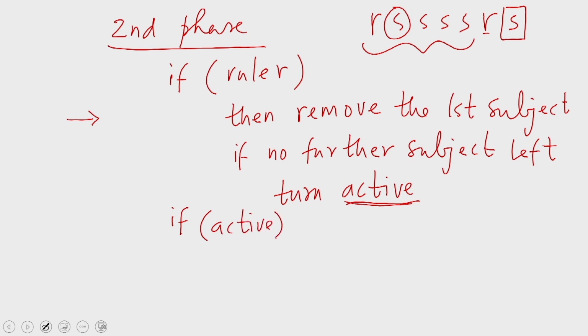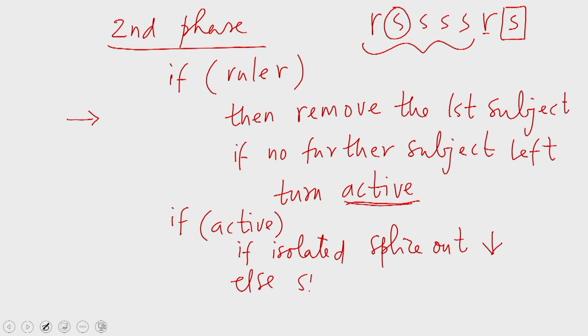If a vertex is active and if it is isolated, it will splice itself out and go down the column. Otherwise, it will take part in subject ruler election and then advance if chosen subjects. That is how the algorithm works in general.